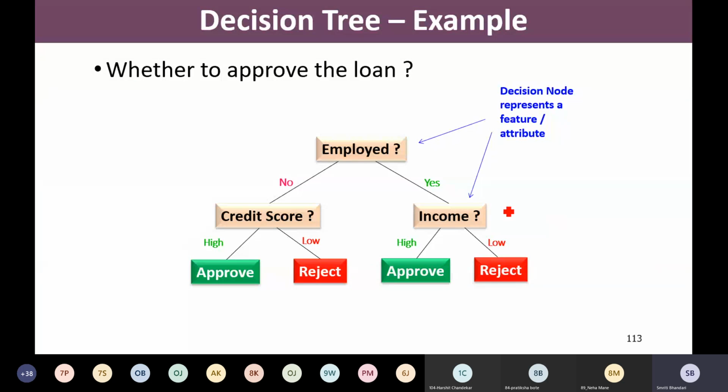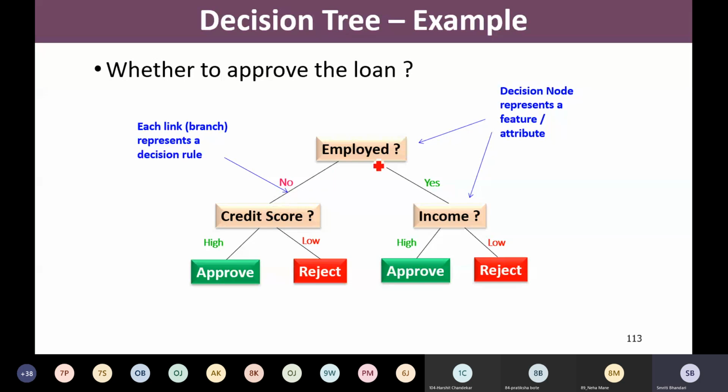Please note here that employed, income and credit score are the decision nodes, and these decision nodes represent a feature or attribute for which multiple values are available. At the decision node we take some decision based on the value of the attribute stored in that node, and accordingly we follow the path, right?